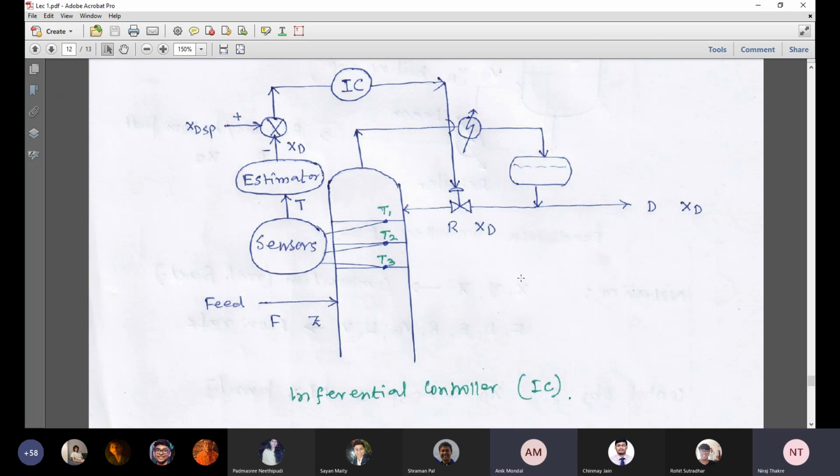That is fine, but why are you preferring temperature measurement over composition measurement? Correlated, fine. You are right. In fact, the correlation is represented by this estimator. We are measuring temperature and we are getting XD. So this is an estimator.